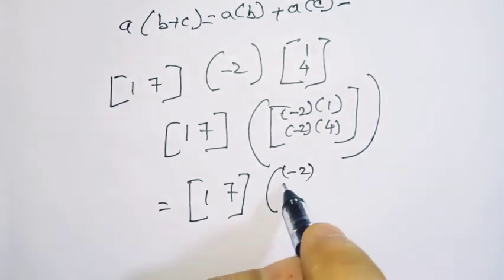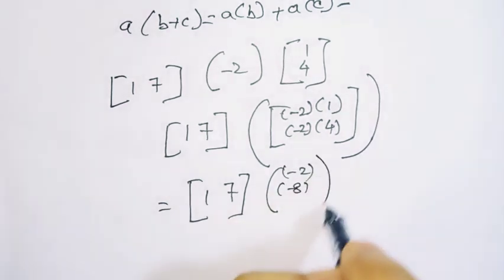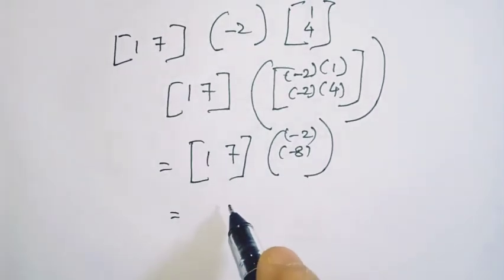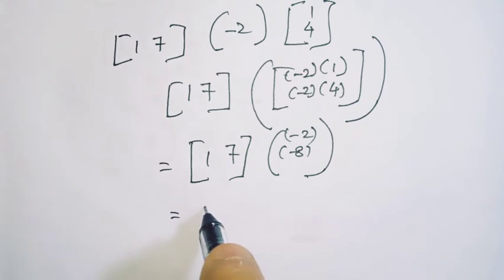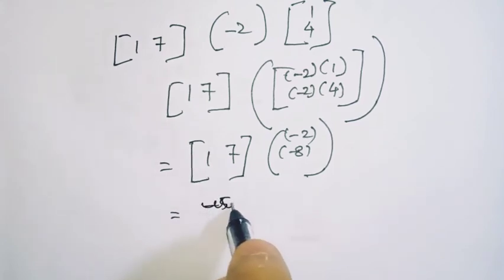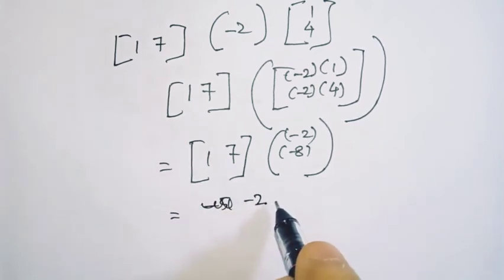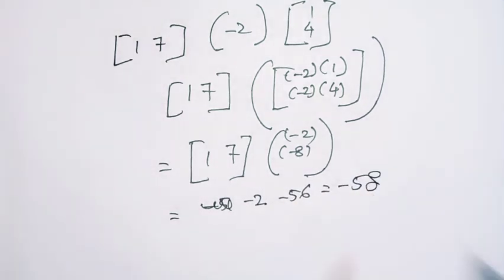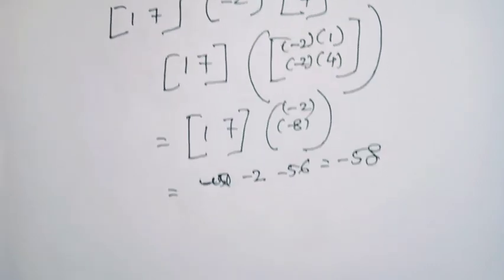Say for example I put this bracket, which is not a rigorous way anyway, so it will become -2, and this will be -2 plus minus 56, which will be -58, right? So here we got the value of -58.